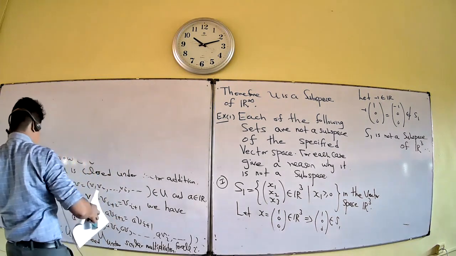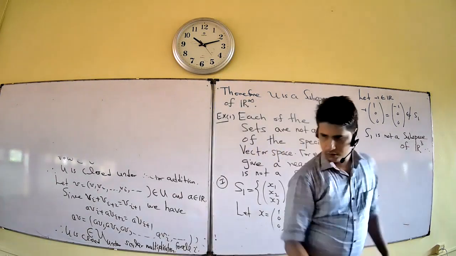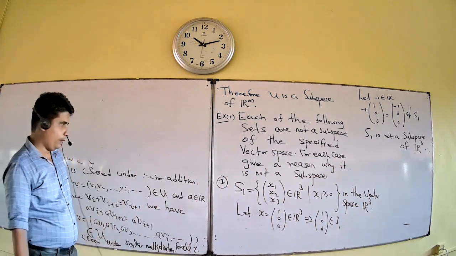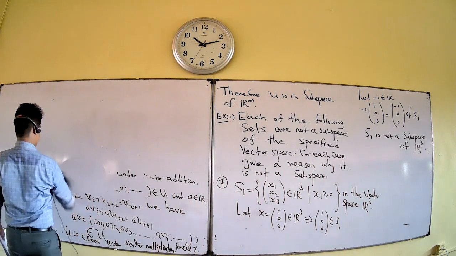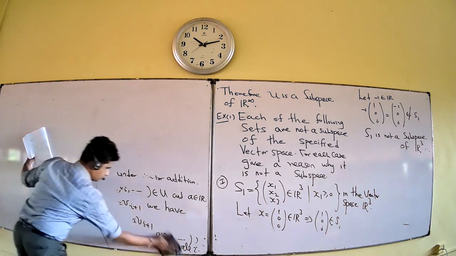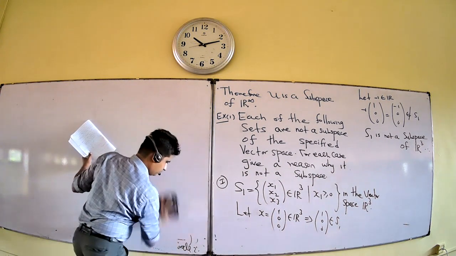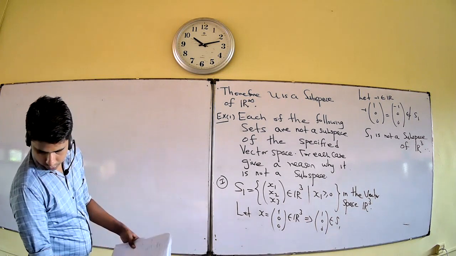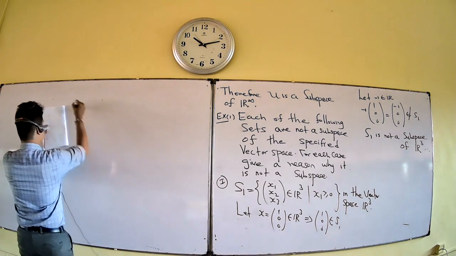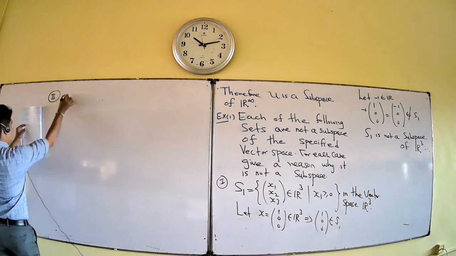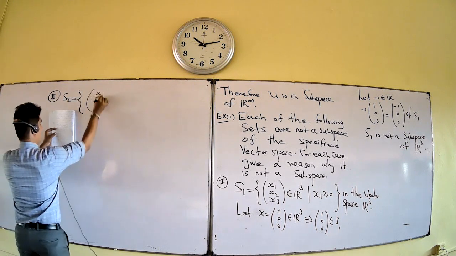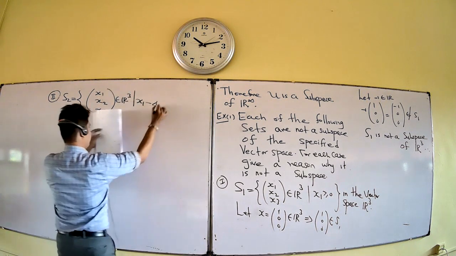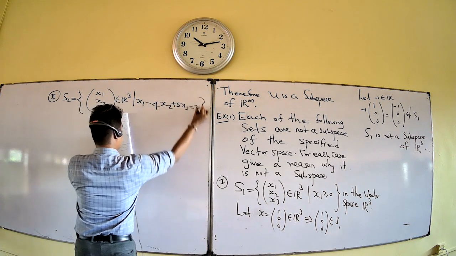For the next one, S2, the set is x1, x2, x3 belonging to R cube such that x1 minus 4x2 plus 5x3 equals something.